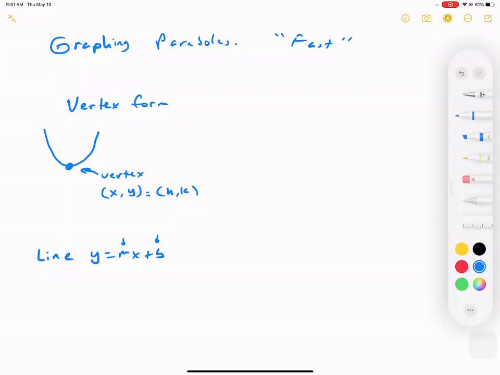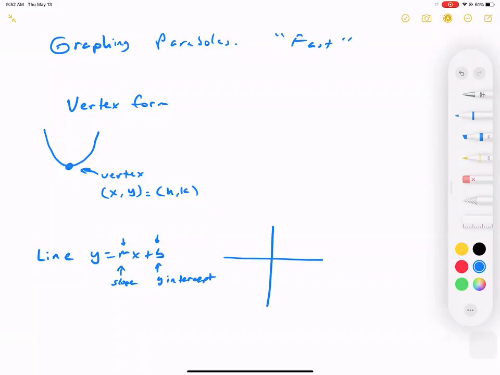So m was our slope, and our characteristics are our slope and the y-intercept.